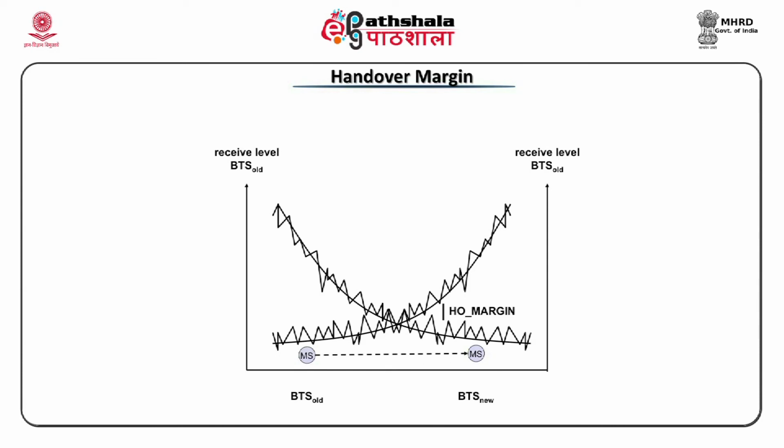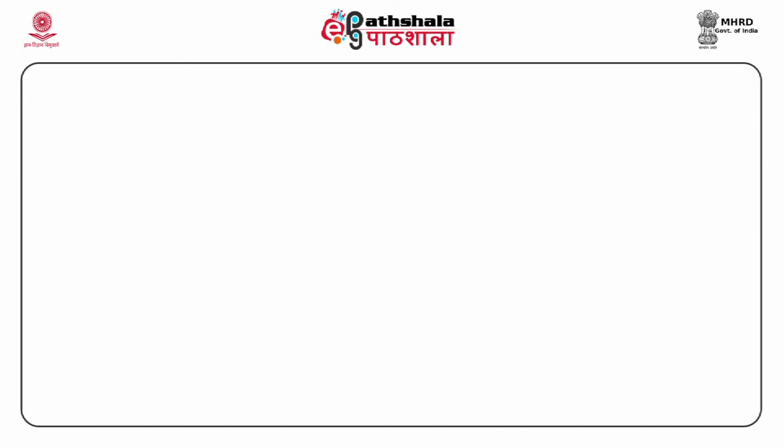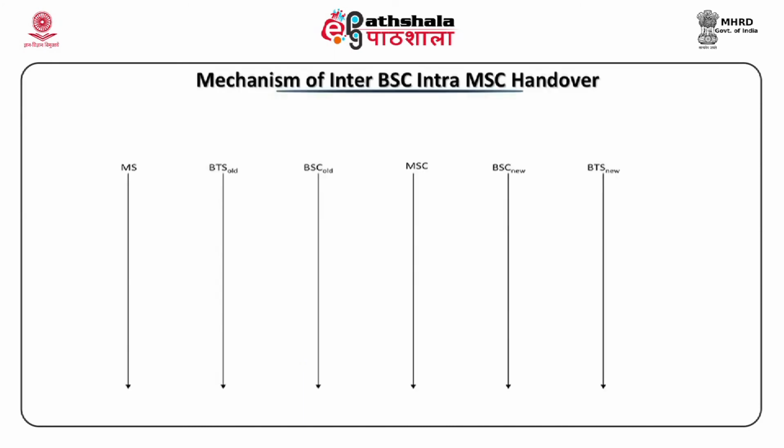What happens during this handover mechanism, we will see by taking an example of inter-BSC, intra-MSC handovers. You can see in the figure that there is a mobile station which is currently residing in the old base station area. This base station area belongs to a particular BSC, and now there is a new base station area from which the mobile device is getting the signal.